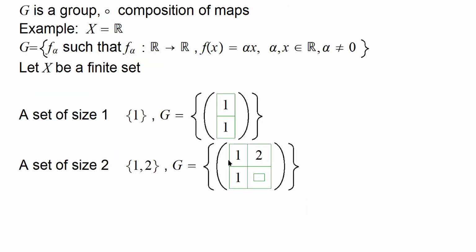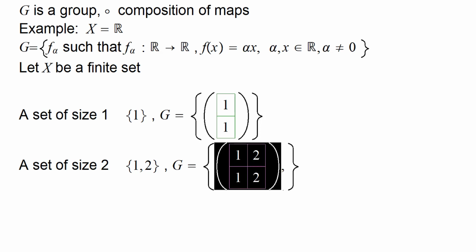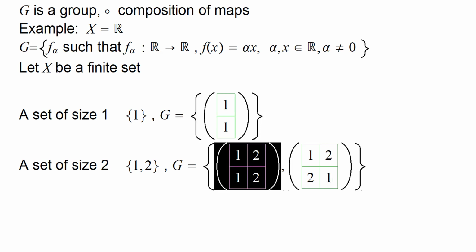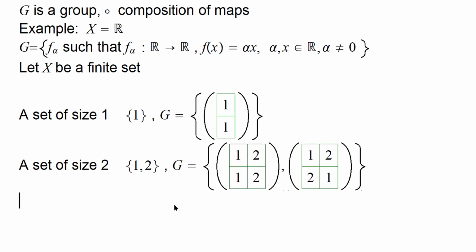So one assignment is 1 goes to 1 and 2 goes to 2, right? And another assignment would be what then? 1 goes to 2 and 2 goes to 1. Let me just stress here, even though with people like you this is not really necessary.